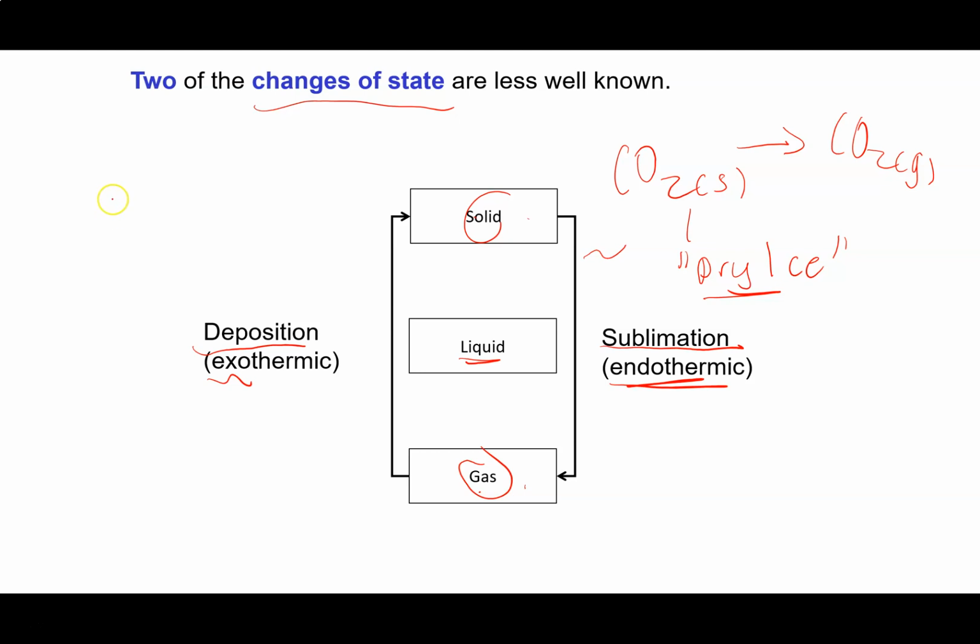But if you've ever been to a volcano, you might see sulfur solidifying, directly undergoing deposition. What happens is it just goes directly from the gas, a yellowish gas, to a yellow solid without going through the liquid.